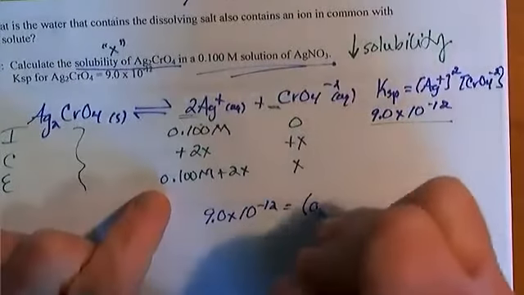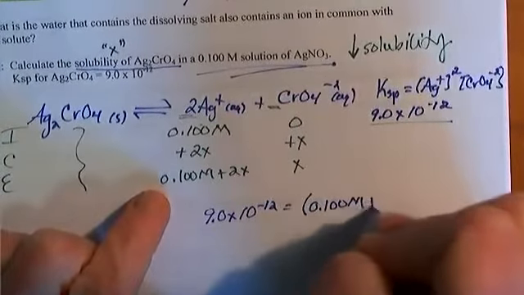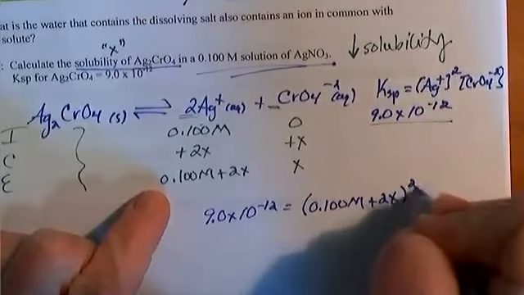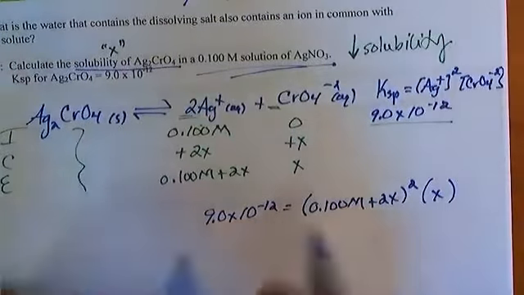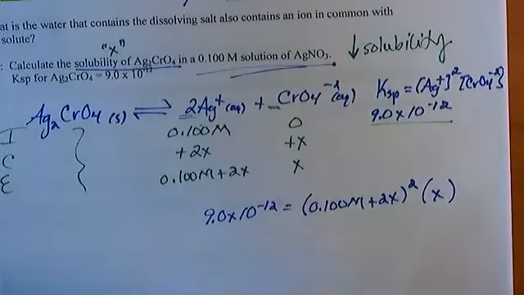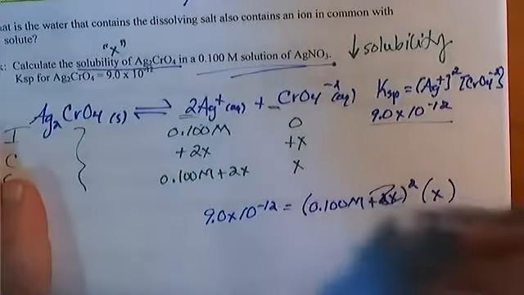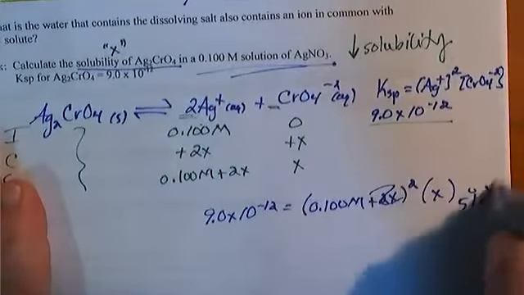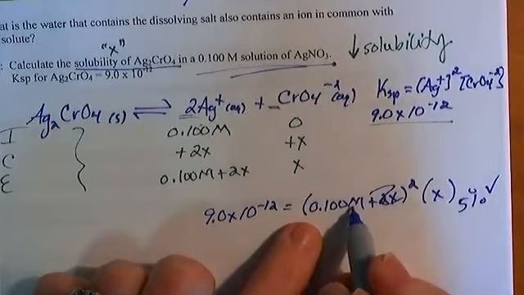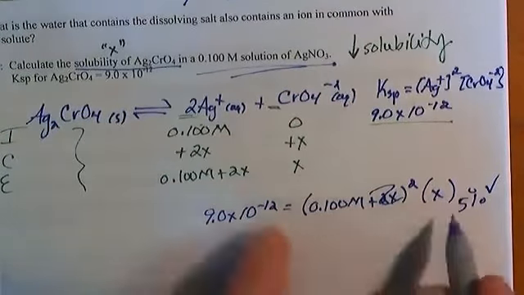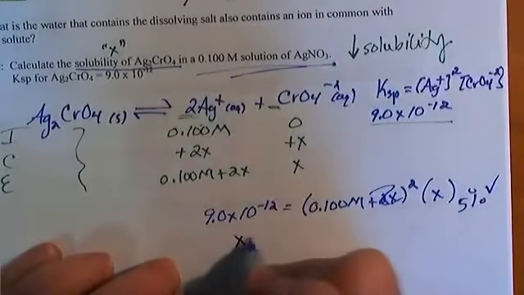So this is 0.1 plus 2x squared times x. Now our very small values, we can move forward assuming the 5% rule, but we have to come back and check. So we do need to square this and then apply times x and so on. So just be careful with your math.